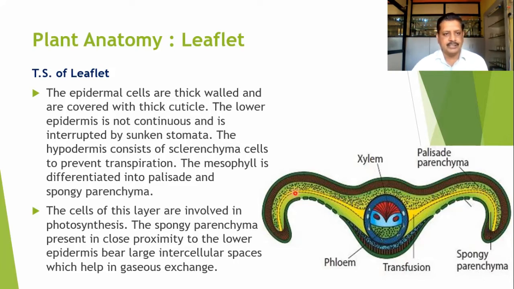Palisade parenchyma is there, and this is a spongy parenchyma type, and inside that the chlorophyll pigments are present. The cells of this layer are involved in photosynthesis, and the spongy parenchyma present in close proximity to the lower epidermis helps in the gaseous exchange for the plant.